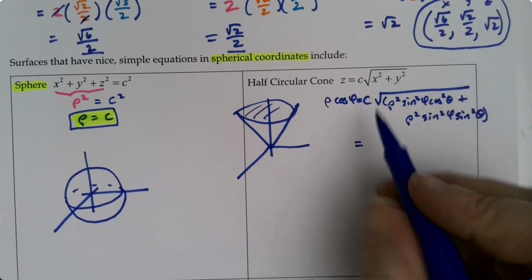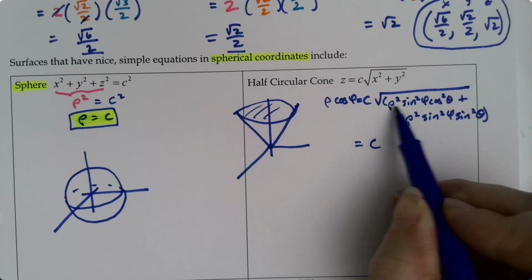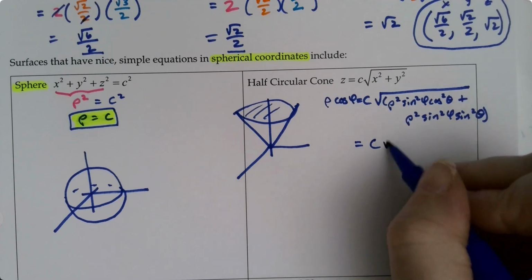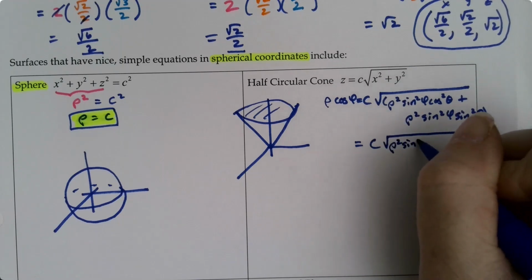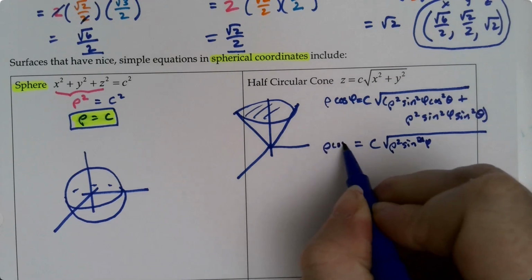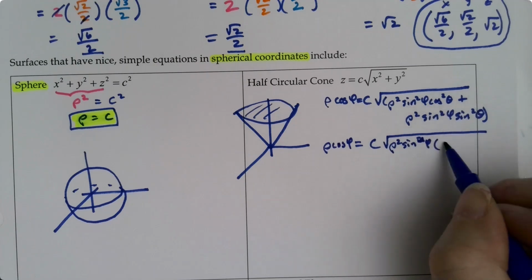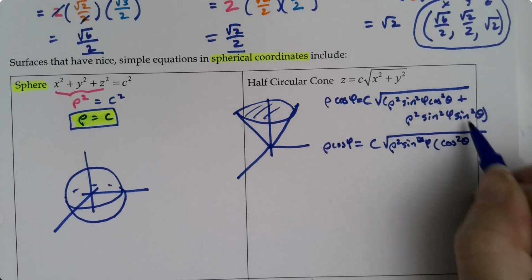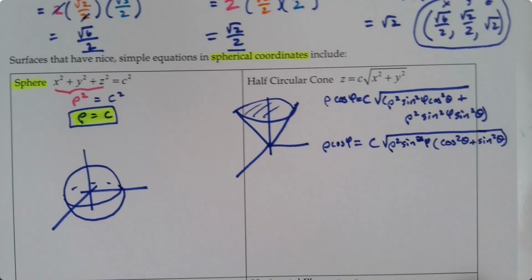Oh my goodness. So that's c times, okay, now if you look, these both have a rho squared sine squared phi in them. So this is the square root of rho squared sine squared phi, and then what's left is cosine squared theta plus sine squared theta, which should be setting off little bells in your head.